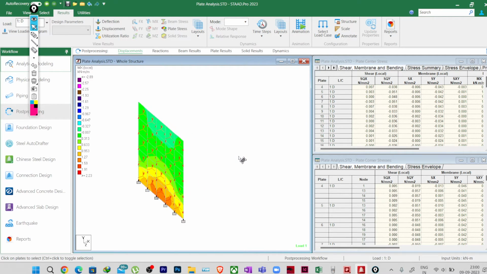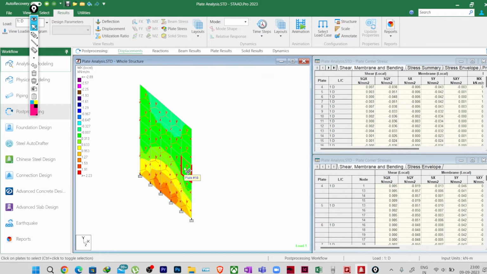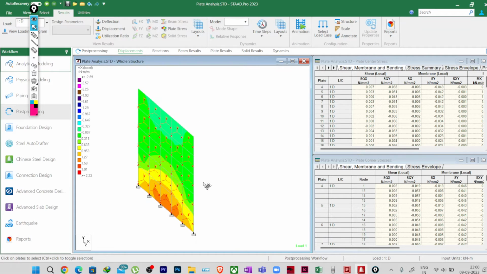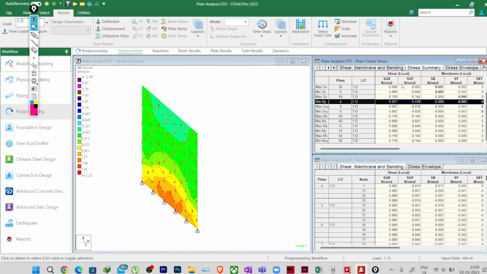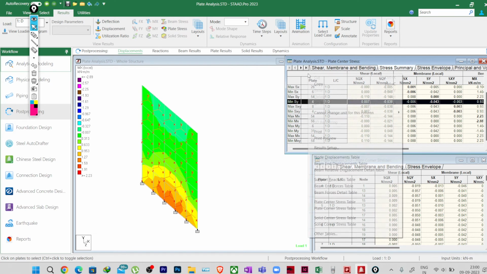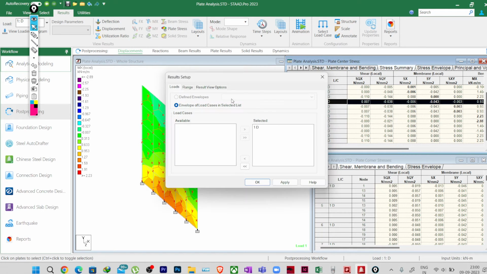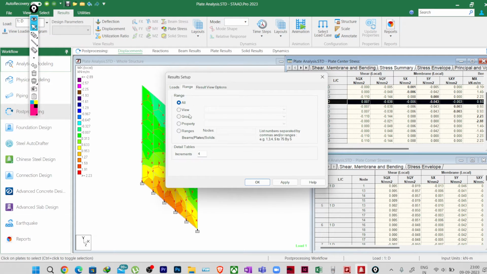In the stress summary, if I right click, result setup, load and range, suppose the group wall 1. I want to see the results only for wall 1.